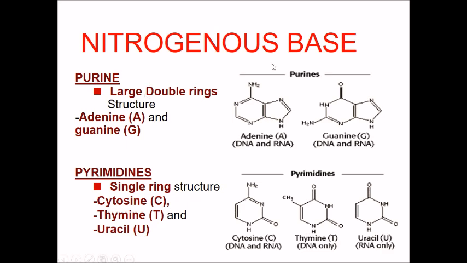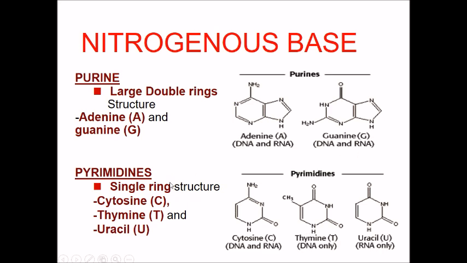Purine bases have two large double rings, in which a six member ring fuses together with a 5 member ring, and then here also a 6 member ring fused together with a 5 member ring. Examples are adenine base that you can find in both RNA and DNA, and also guanine base that you can find in both DNA and RNA structure.